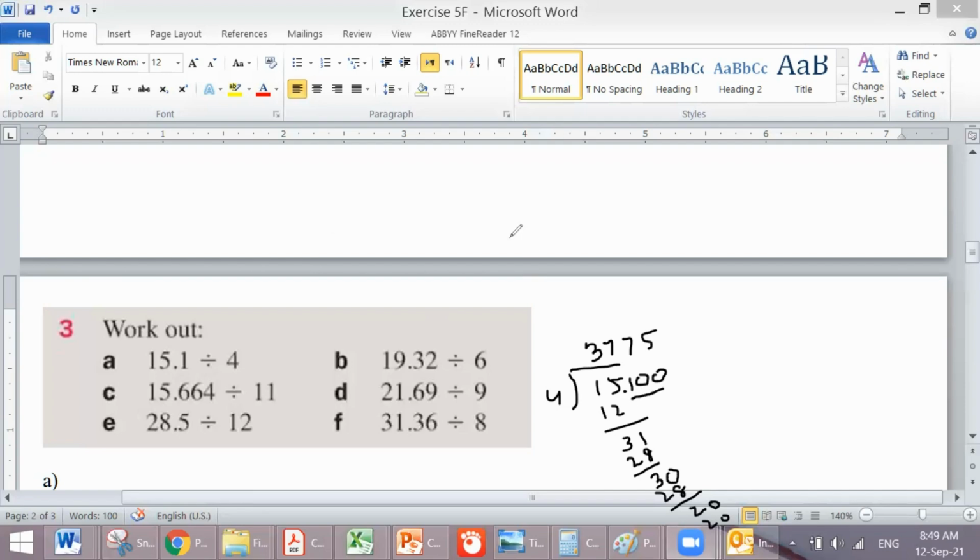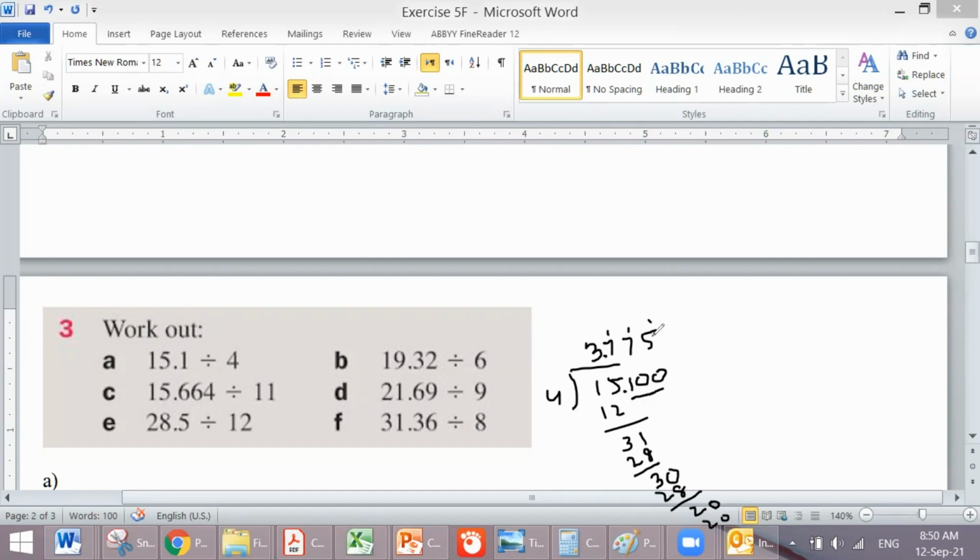So what will I have to write in my answer? I will count from right, 1, 2 and 3, then I will put my decimal point. So it will be 3.775. So again I will explain this to you. This was a difficult one because I added 2 more zeros. So after the decimal point, there are 3 values.